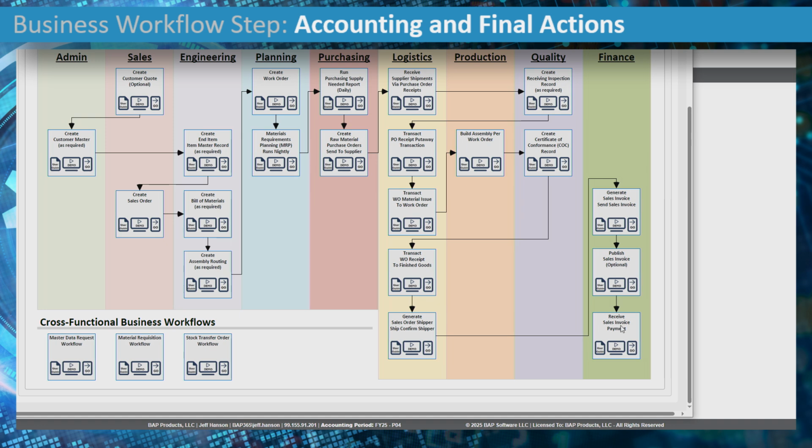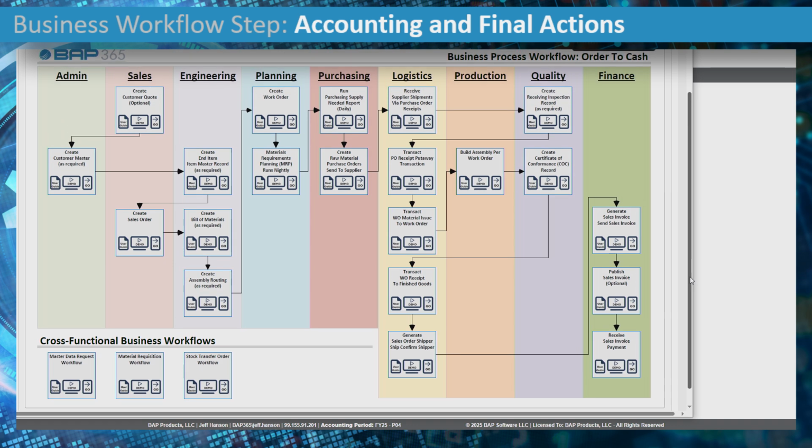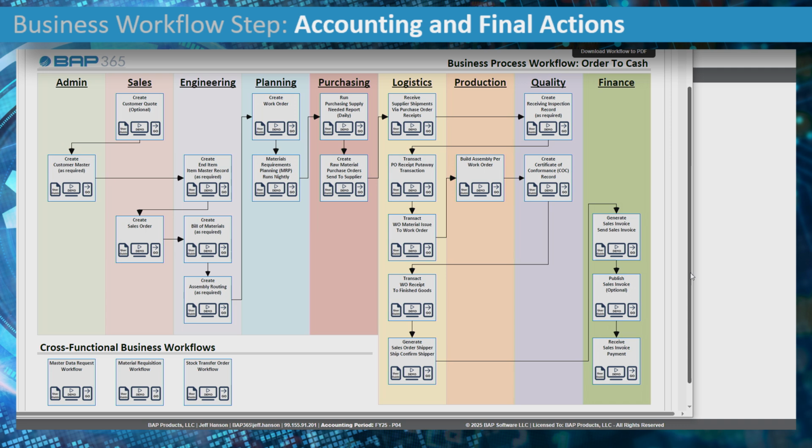Again, it's optional. And then the last step in the order to cash business workflow is to receive the sales invoice payment, and that is done in your accounting software. So that completes the full round of the order to cash business workflow.